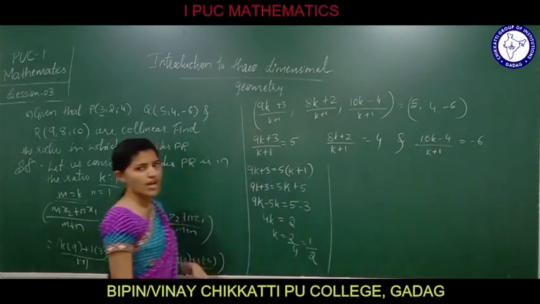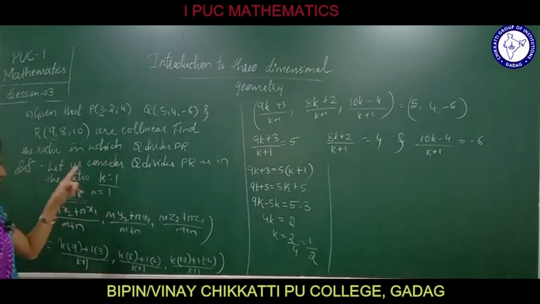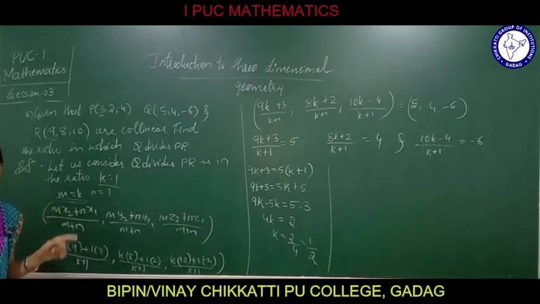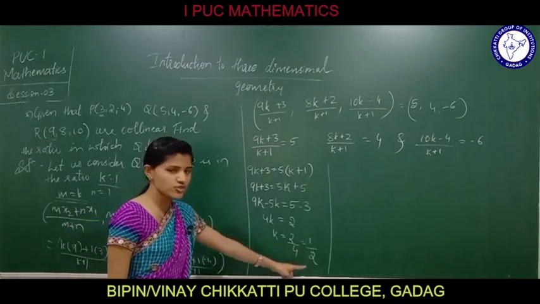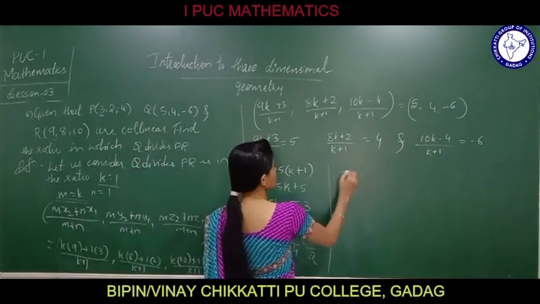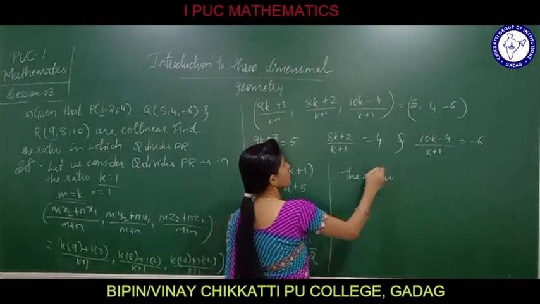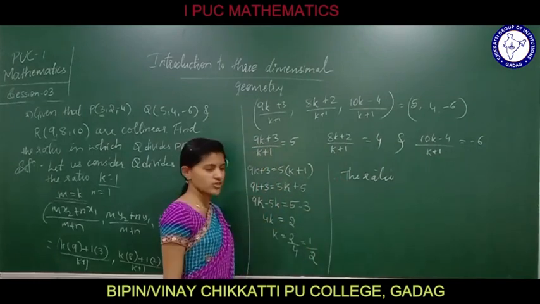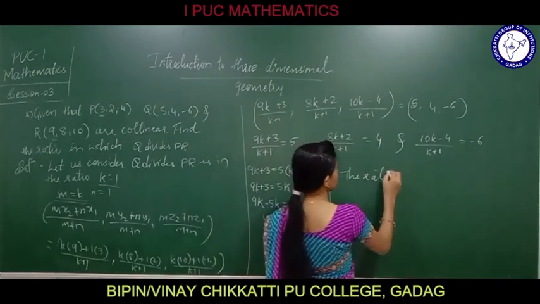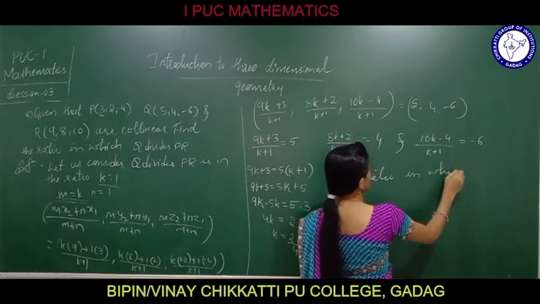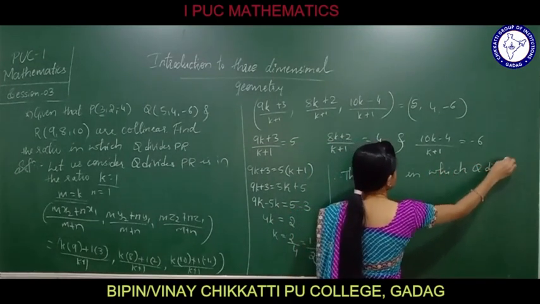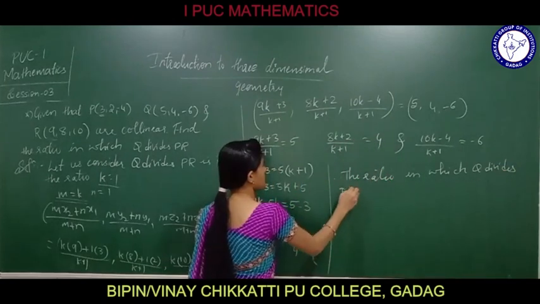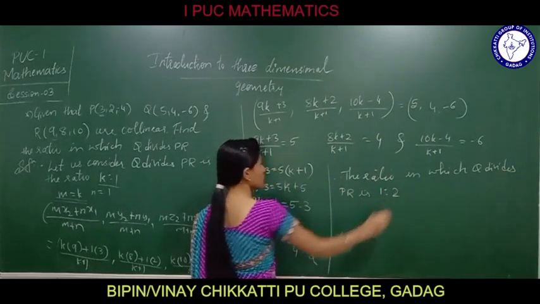Now what is going to happen? This Q divides PR in the ratio k is to 1, as we had written. Therefore, the ratio in which Q divides PR we got as 1 is to 2.